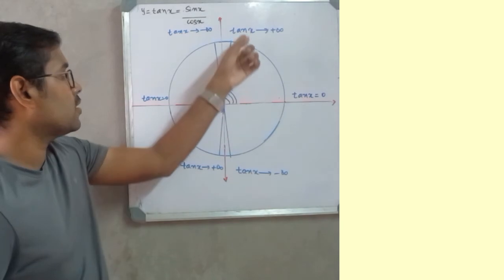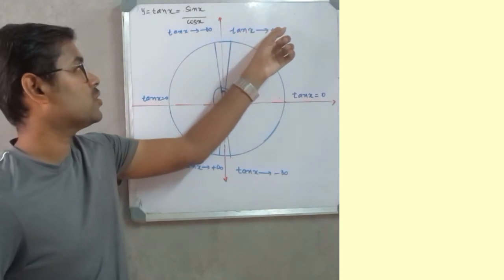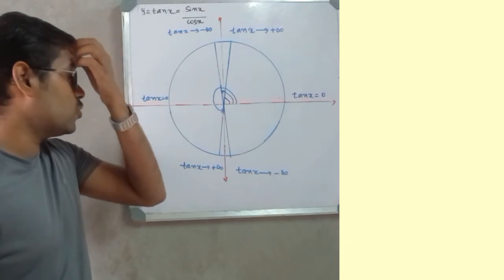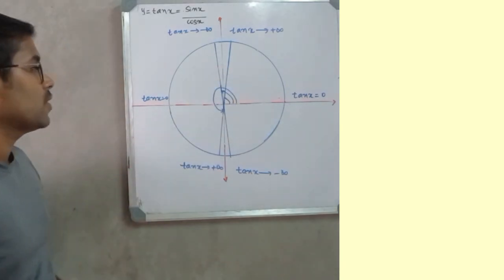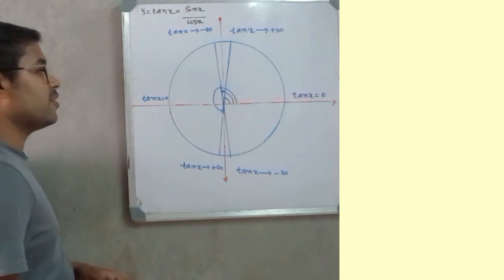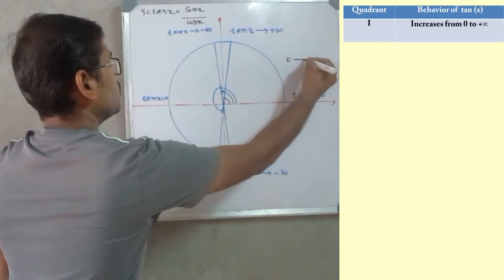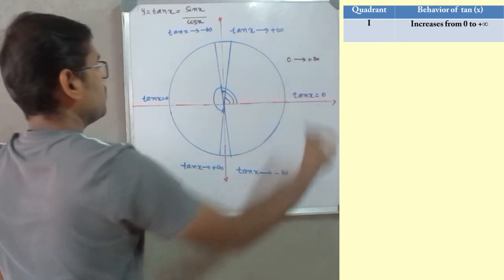So I can say that tan x approaches positive infinity if we approach pi by 2 in the first quadrant. So in the first quadrant, the behavior of tan x is it increases from 0 to positive infinity.